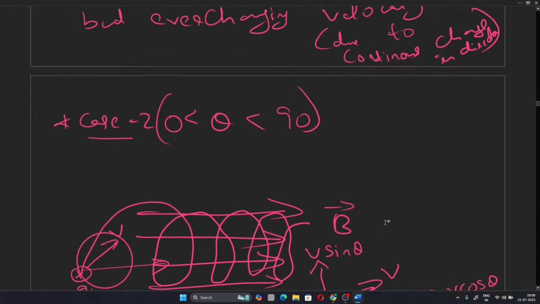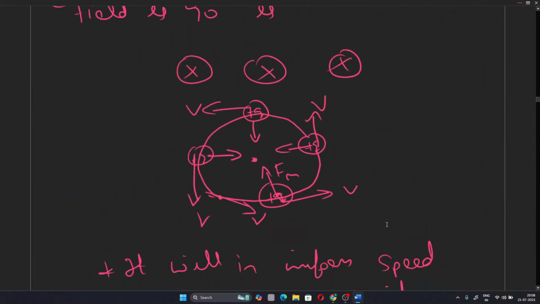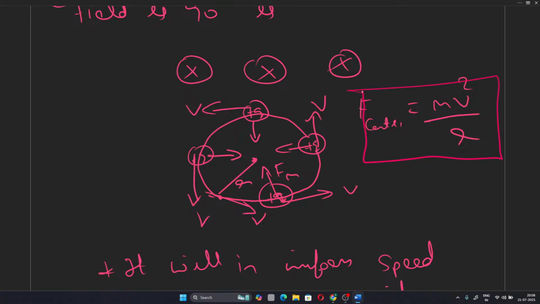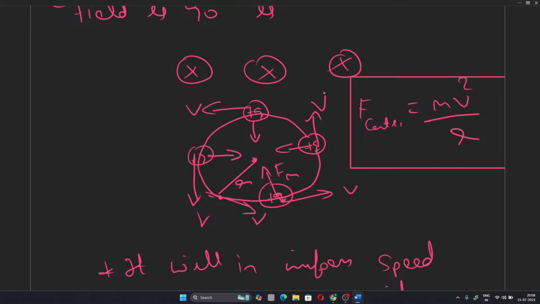Basically, from this they are deriving that there is a centripetal force acting towards the center. That is the reason for the creation of the circular path. We have learned that the centripetal force equals mv square by r, where r is the radius. This is the equation for centripetal force, and we know that F centripetal is the same as F magnetic force.